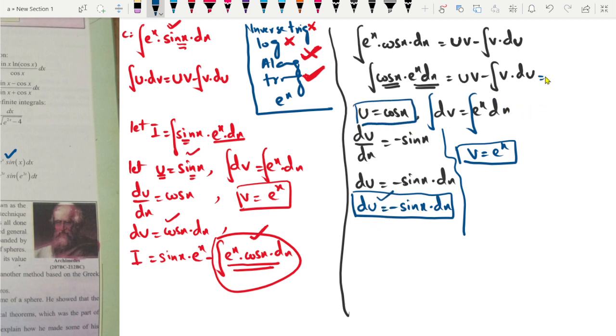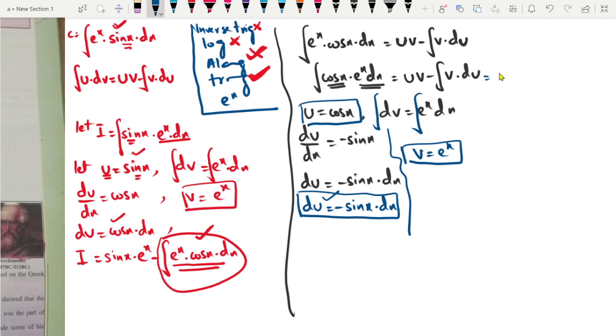Simply put in the values: u times v, where u is cos x and v is e^x, minus the integral of v, which is e^x, times du, which is minus sin x dx, inside the bracket.